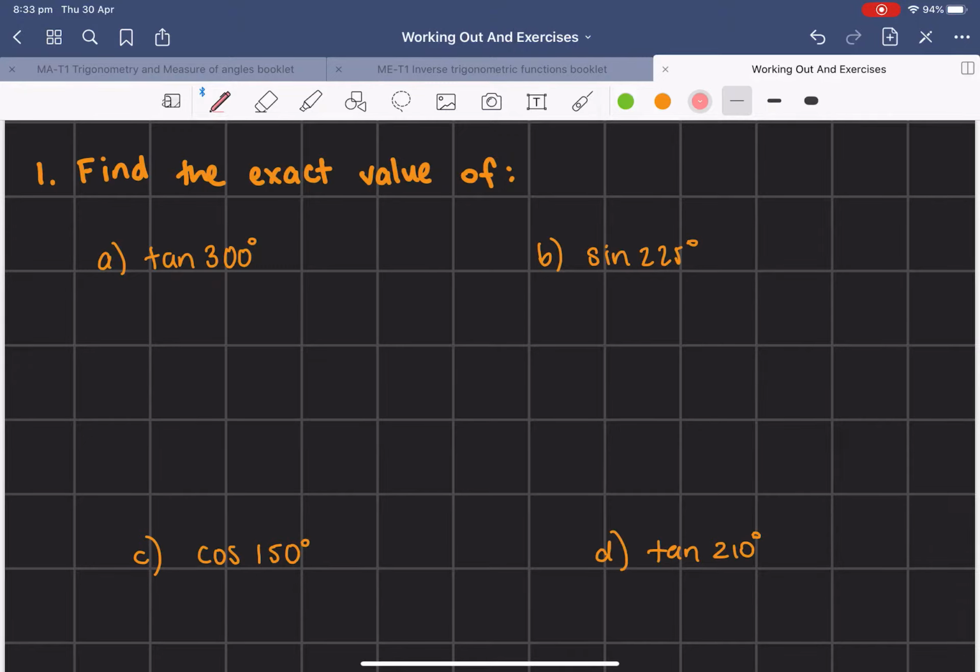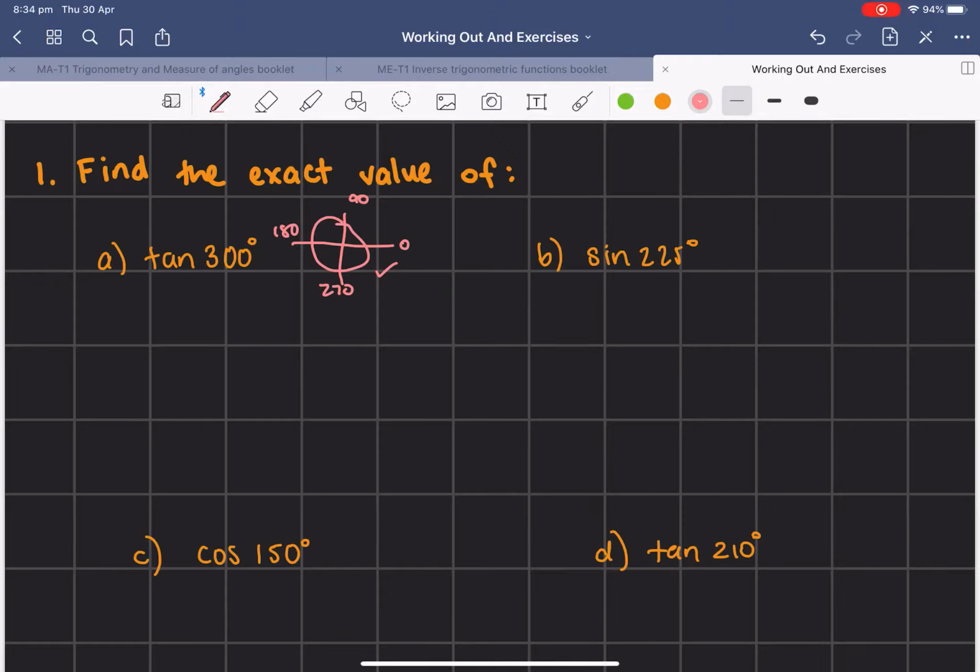So the first thing I'm going to do is just draw a little unit circle here, and 300 degrees is going to be in the fourth quadrant, okay? Because we've got 0, 90, 180, 270. So 300 is in the fourth quadrant there.